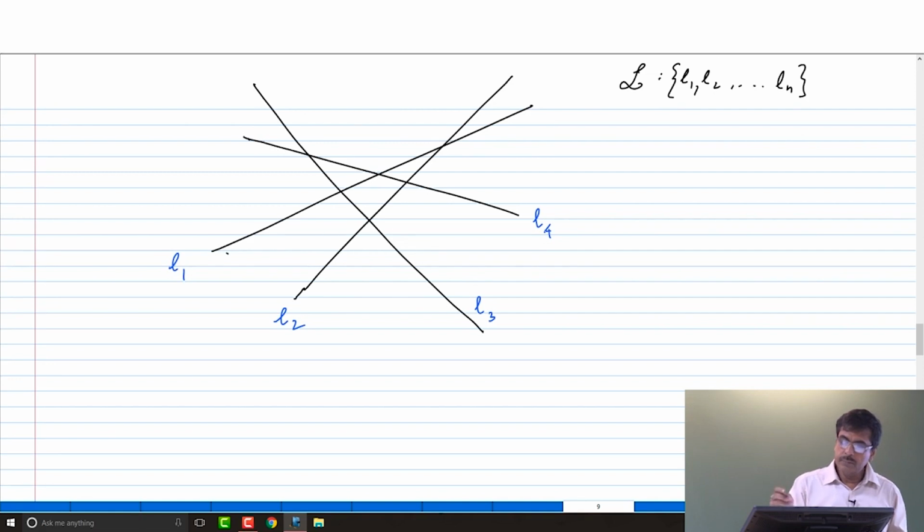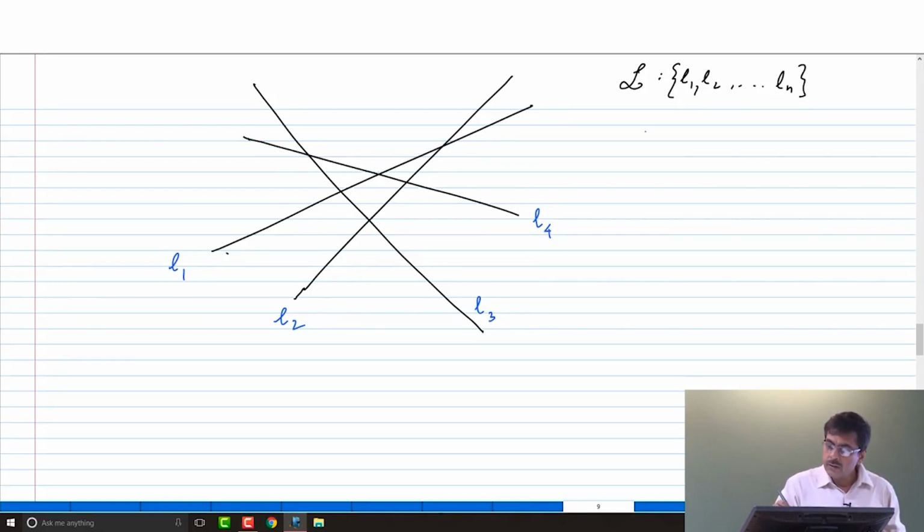So let us say, what is the partitioning that it imposes on the plane? When you look at such a structure, you can define a graph basically on this.